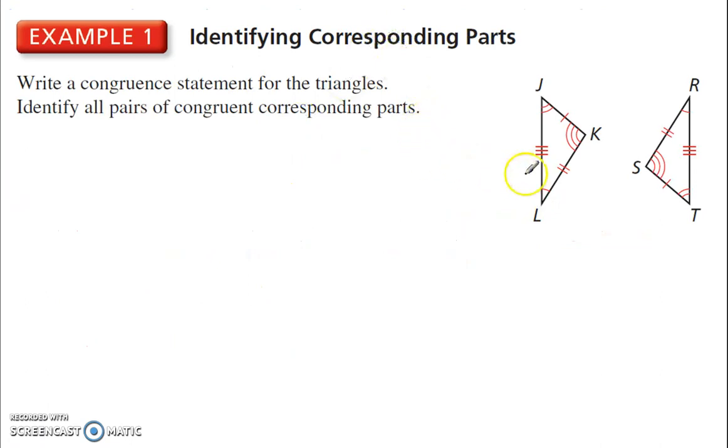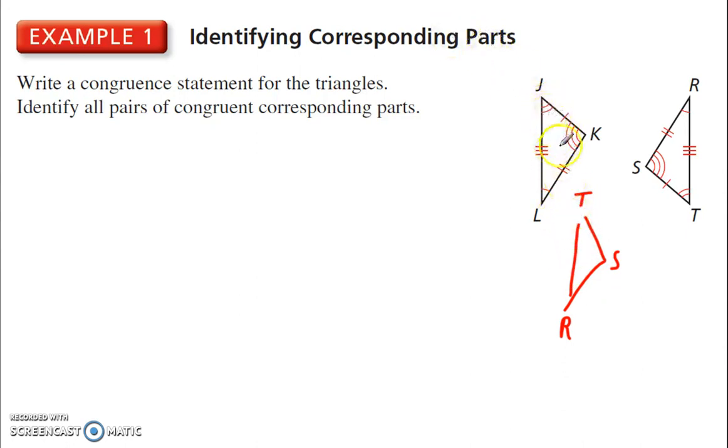Identifying corresponding parts. They're not always going to lay them out the same way, so you sometimes have to turn them around in your mind, or you could redraw it and say, okay, if I turn this back around, then that gives me this triangle, and T would actually be at the top here, and then it might be easier for you to see them.